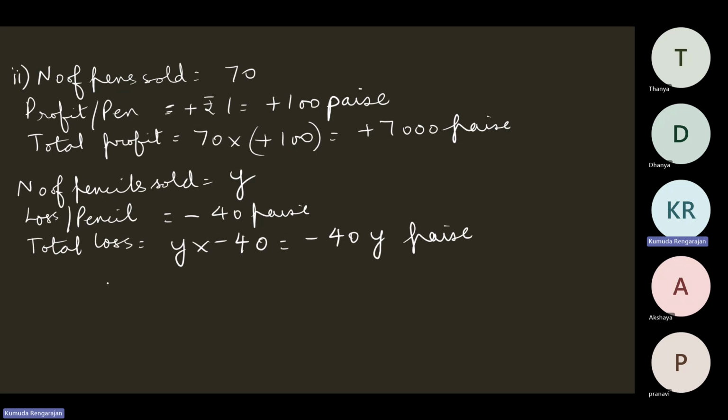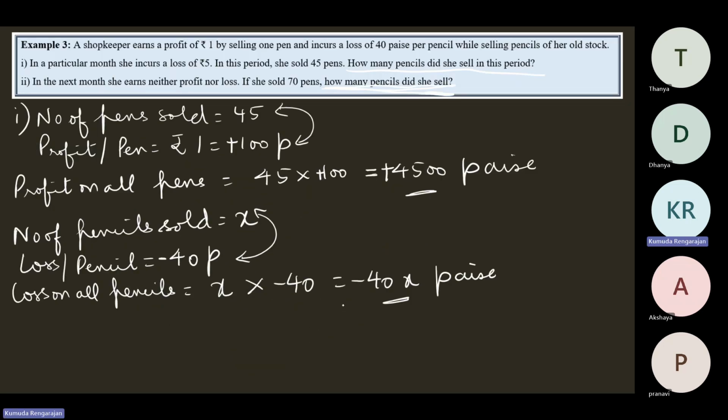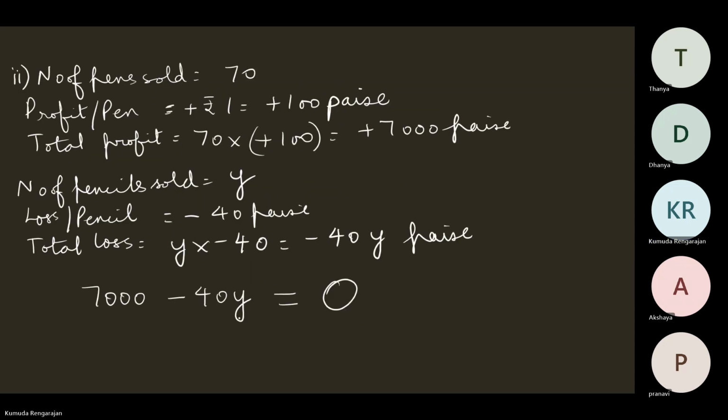When you put these two together, you put this positive and this negative, that is the profit and loss together. When you put them together, no profit, no loss, that means the answer is 0. See here, in the next month, she earns neither profit nor loss. The profit is 7,000. The loss is minus 40y. You put them together to find the net profit or net loss.